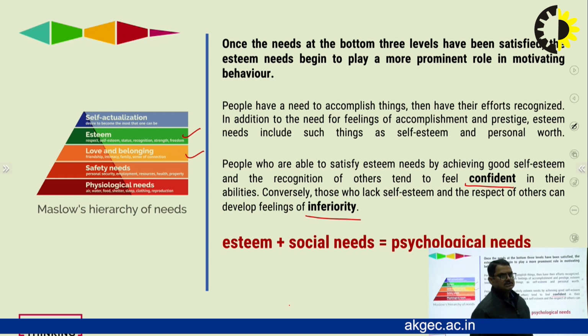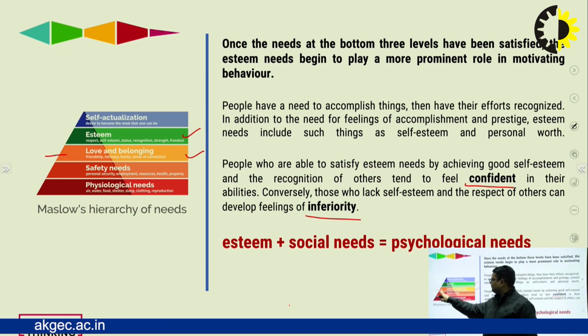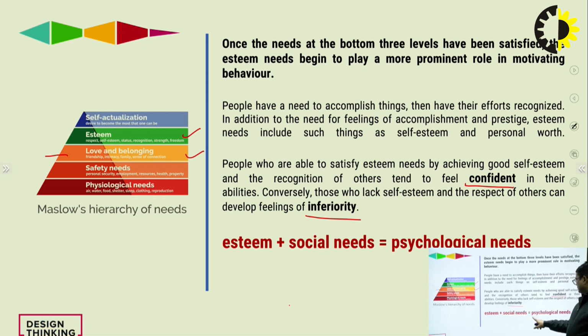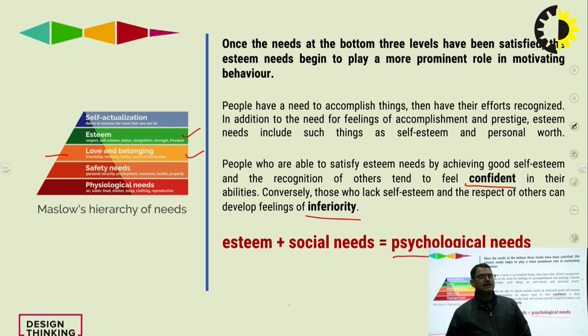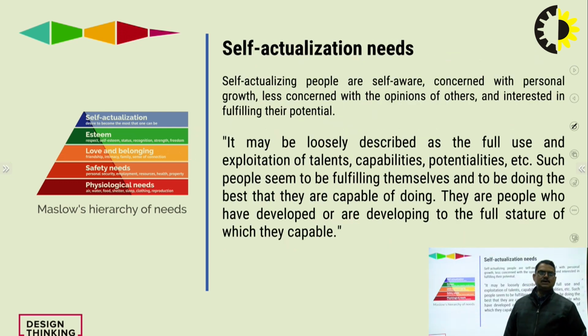As we have seen, physiological and safety needs together make the basic physical needs; similarly, esteem and social needs, where social need means love and belongingness, together form the psychological needs. So according to Maslow, the first category is physiological or basic needs, and the second category is psychological needs. Once all these needs are fulfilled, the user thinks of self-actualization.